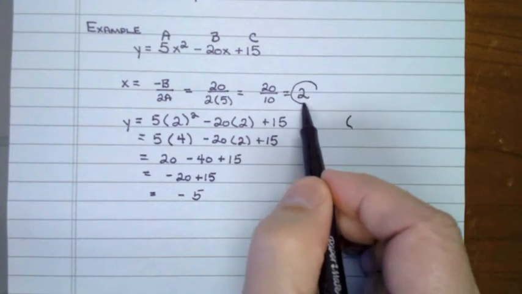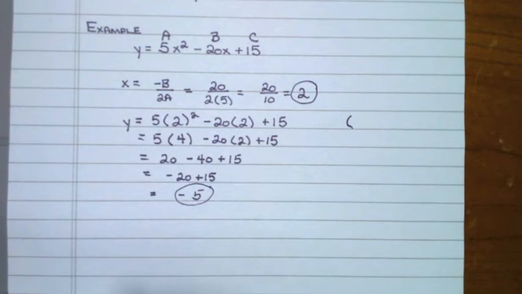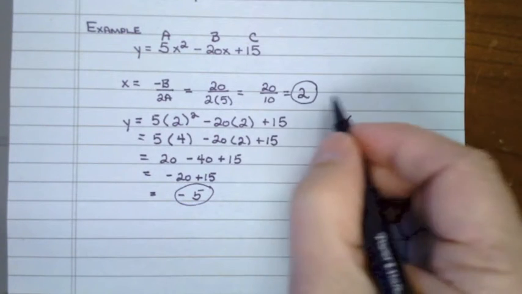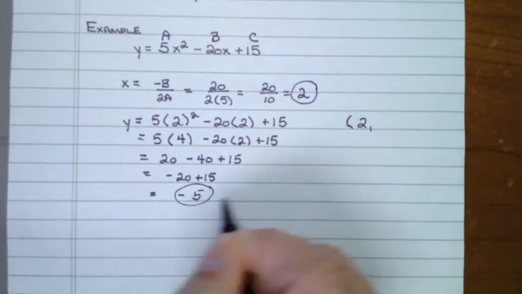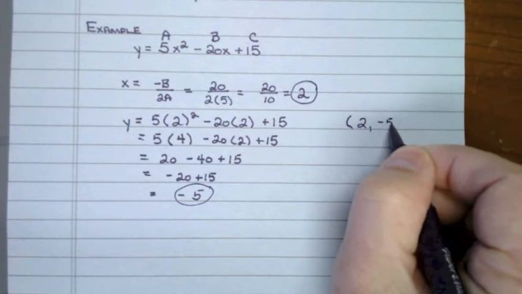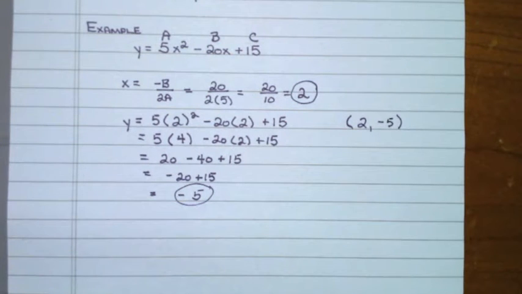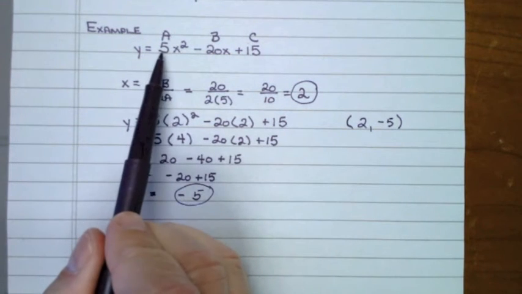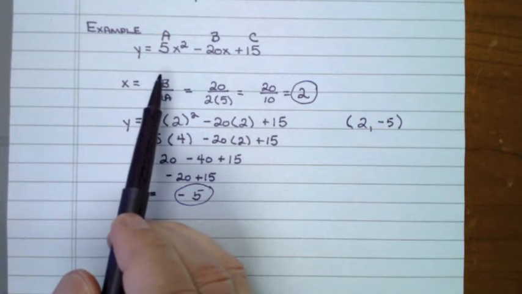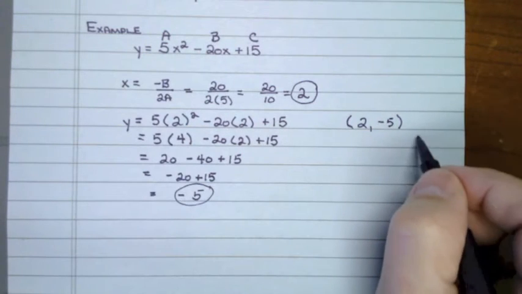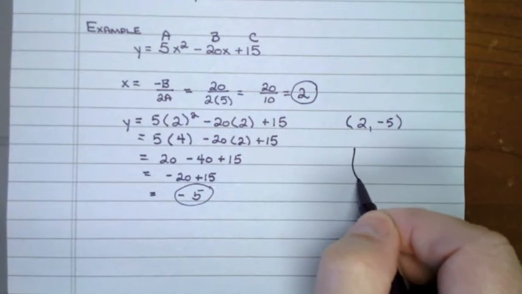I can take my x right here and my y right here and write a vertex for this. My x is 2 and my y is negative 5. There is my vertex. And since this is positive, that means it's going to be opening up like this right here.